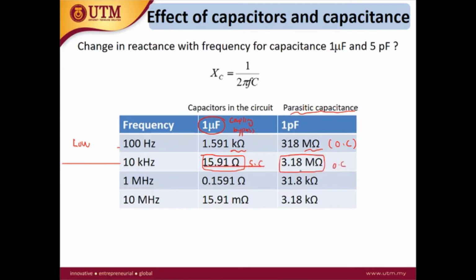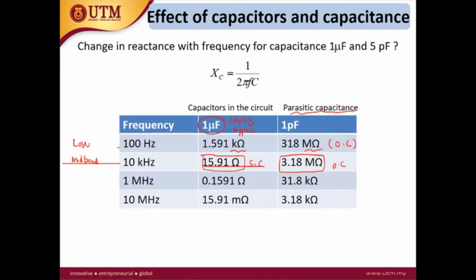This is the frequency range we call the mid band. Here we can ignore the coupling and bypass capacitors by replacing them with a short circuit, and ignore the parasitic capacitance by replacing it with an open circuit.